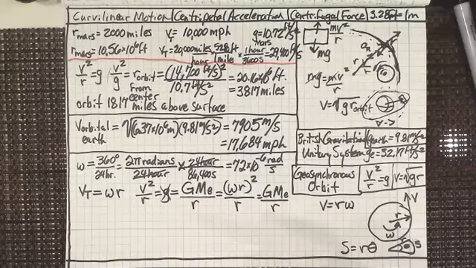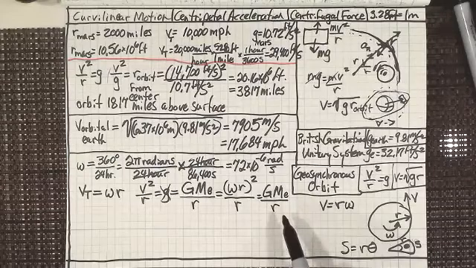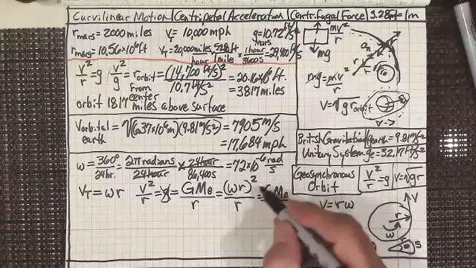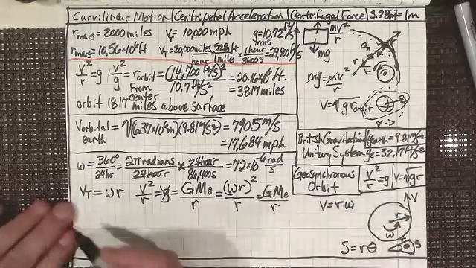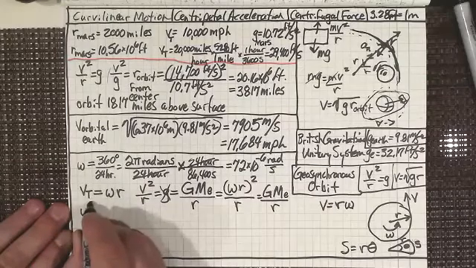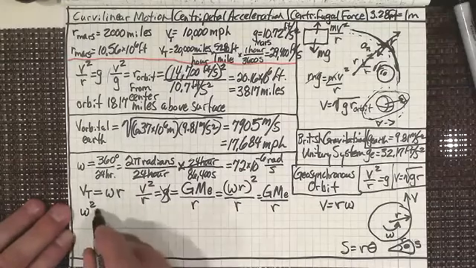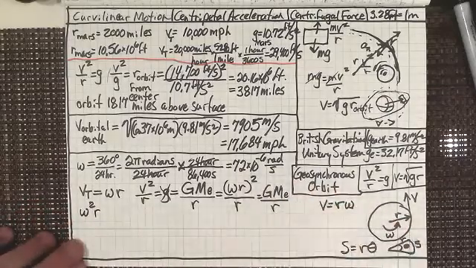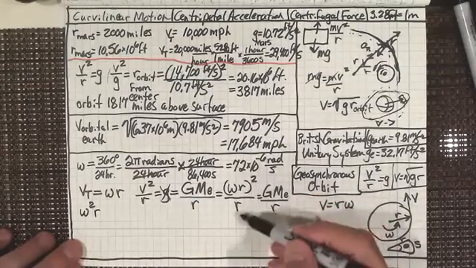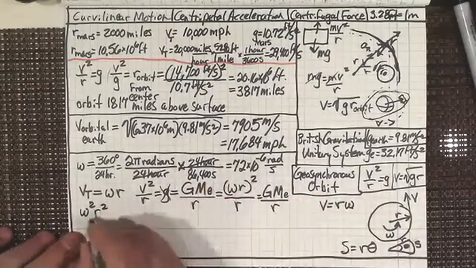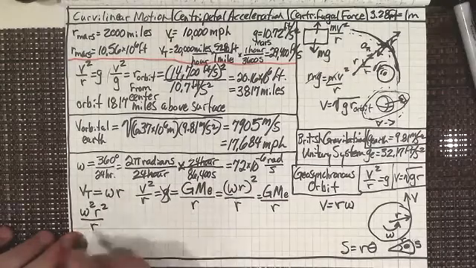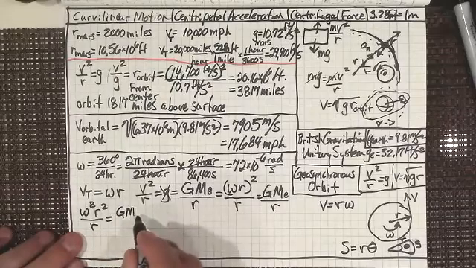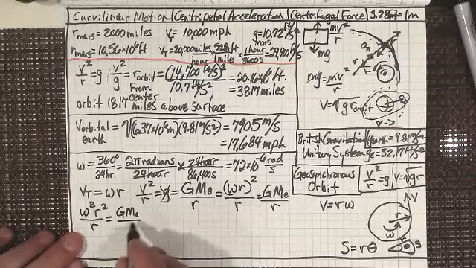Let me just expand this a little bit and simplify it. So I've got omega squared times r squared. Can I cancel that one r out? Omega squared r squared over r equals g times the mass of the Earth over r.